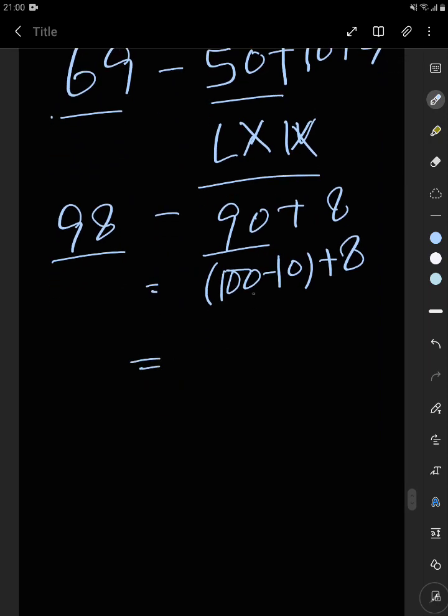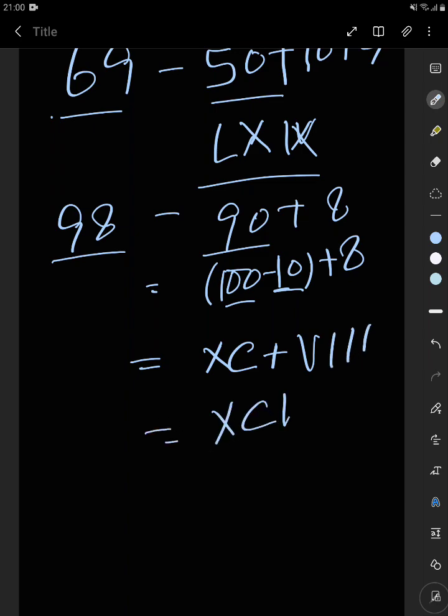So 100 minus 10, how will we write? 100 is written as C, minus 10, so XC. Now there is a plus 8, so how is 8 written? It is written like this. So finally we'll write XCVIII. This is the method that we follow in this.